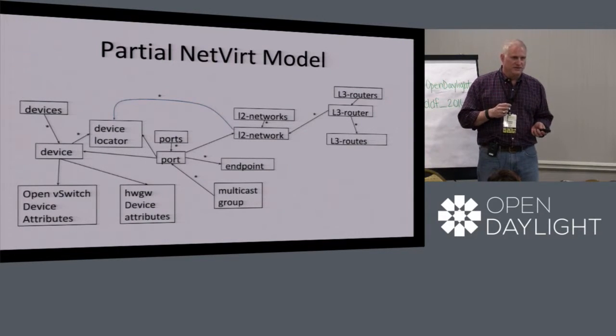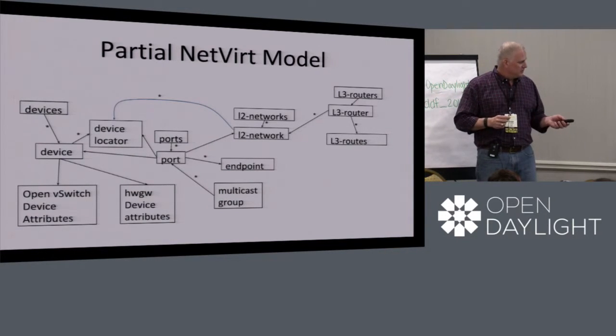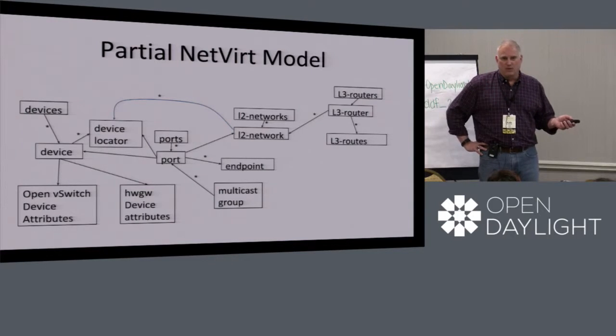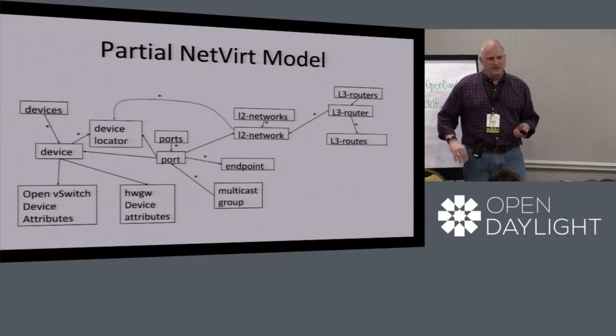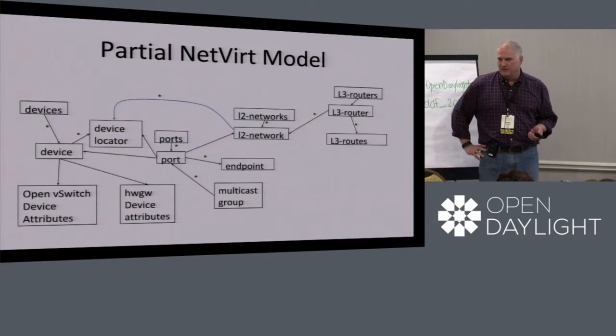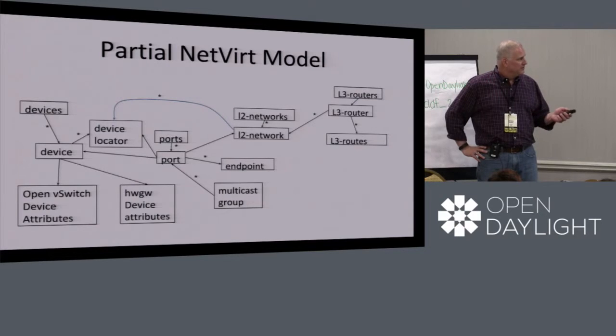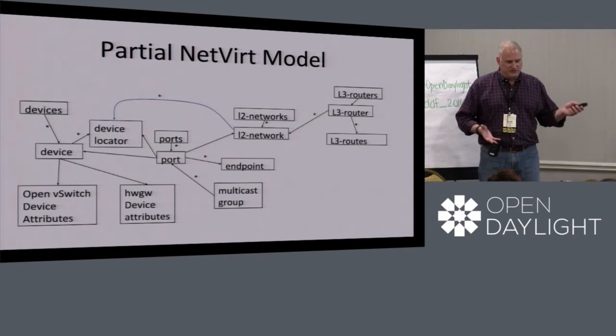And then based on learning about a new port being added, the renderer would update the port to indicate what device it lives on, and within that device which device locator. So even within a single device, you might have multiple VTEPs, for example. In the OVS case, it tends to be one, but on the hardware gateway, you can have multiple. But once you know the logical configuration and the physical configuration, then you have enough information to go off and build the flows.